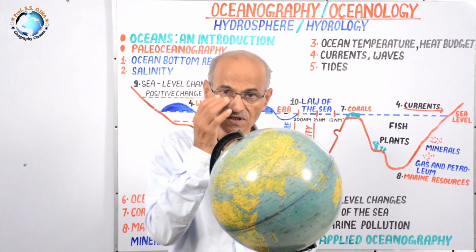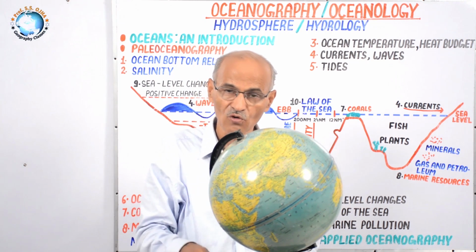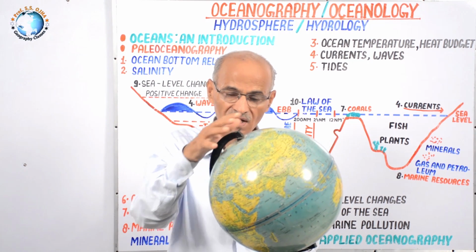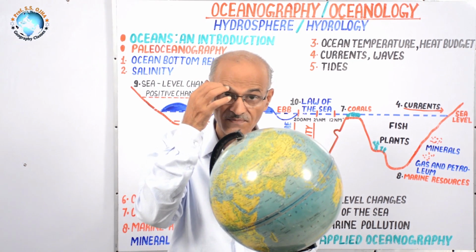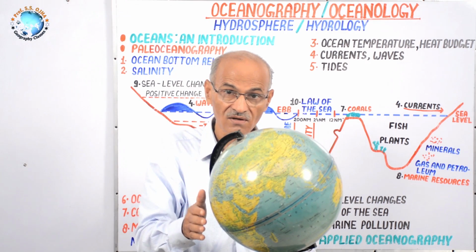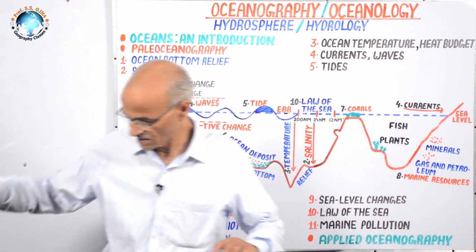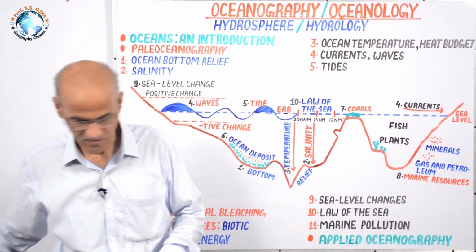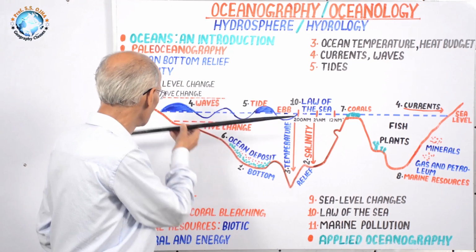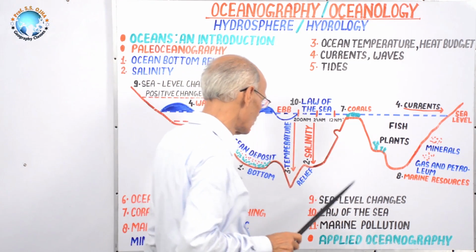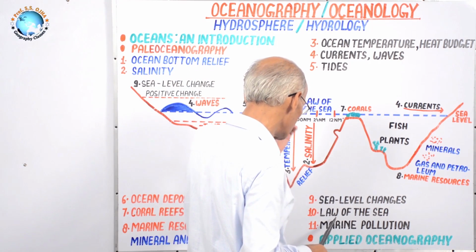But at present, during the phase of global warming, when ice in the high latitudes and on high altitudes is melting, the water level is rising and the sea level is undergoing positive change. So positive and negative change is the nature of the ocean that we will study.